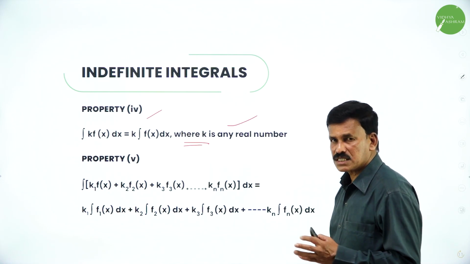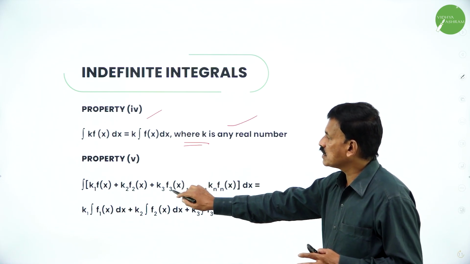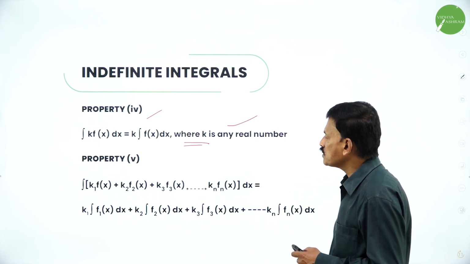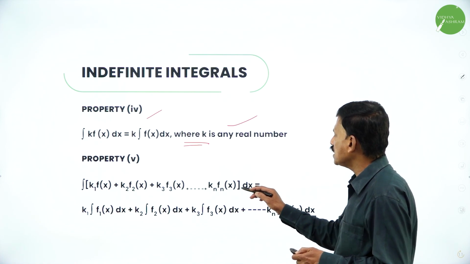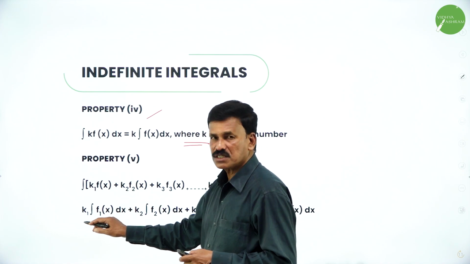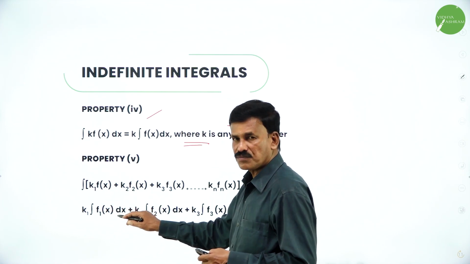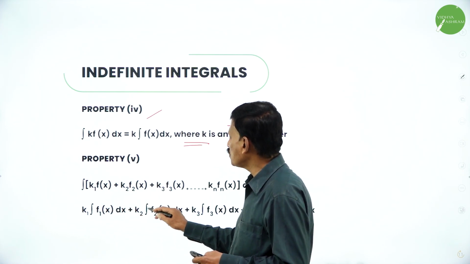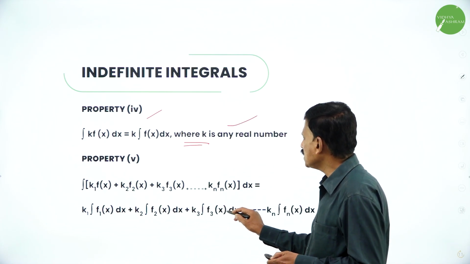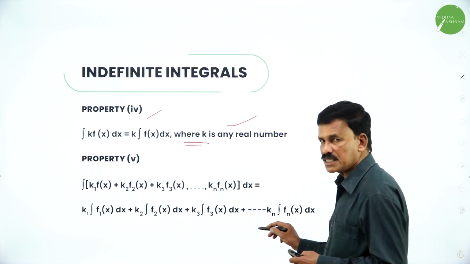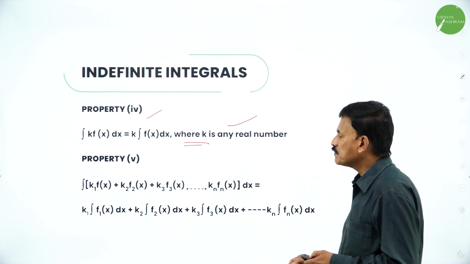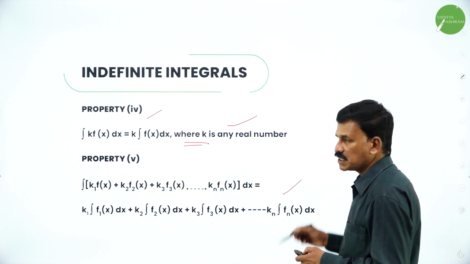Next, term by term integration can also be written like this: integration of k1 into f1 of x plus k2 into f2 of x plus k3 into f3 of x plus etc. kn fn of x dx is also equal to k1 out, k1 into integral of f1 of x dx plus k2 out, integral of f2 of x dx, k3 out, integral of f3 of x dx plus etc. kn out, integral of fn of x dx. So this is again a term by term integration, right?